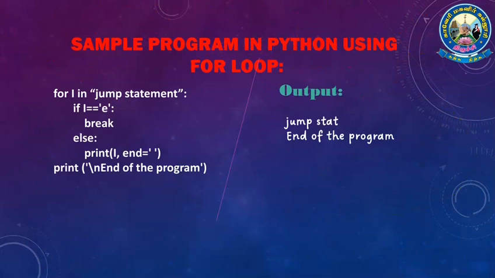If the program sees "e", then it breaks; else, it prints i. Finally, it prints end of the program. The program will be executed; if the program sees e, then it breaks, prints the values before the break, and prints end of the program.